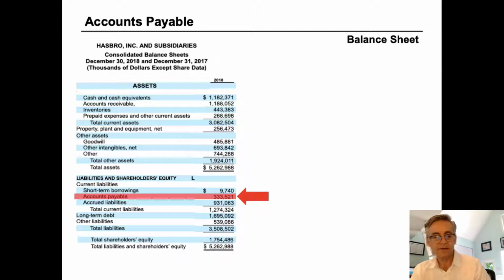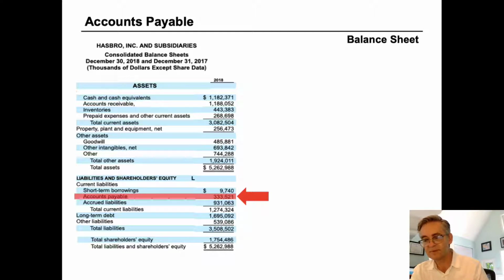Accounts payable is next, and that's what the company owes for the goods and services that they've received but not yet paid for. In this case, Hasbro has received $333 million of services for things like raw materials, manufacturing, shipping, TV advertising, etc., for which they have not yet paid.